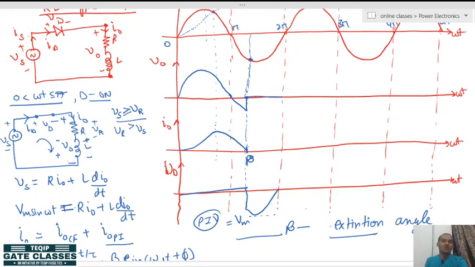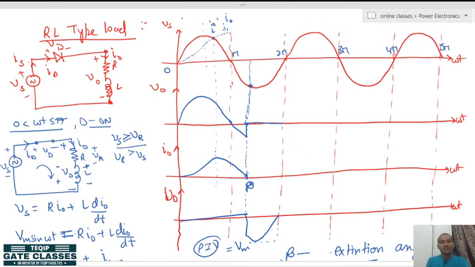Now when you go to the 2 pi to 3 pi instant, the same 0 to pi analysis is valid here also. So again the load current will be like this, the load voltage will be like this, and the diode voltage will be like this.